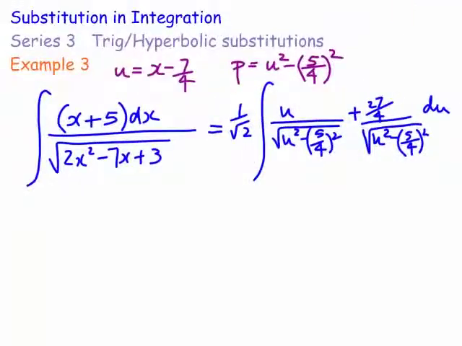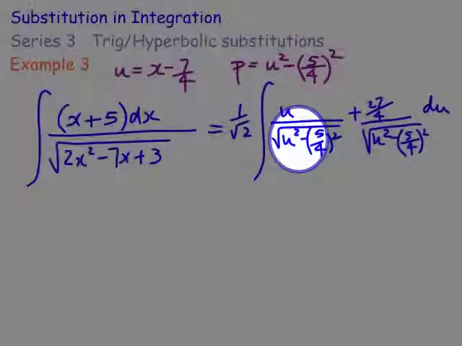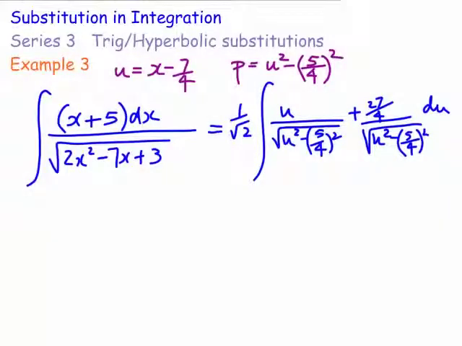Now we've got the second substitution for p equals (u squared minus 5 on 4) all squared. We eventually can simplify this integral with the 1 on root 2 as well. We should get 1 on root 2 p to the power of half from before, and now we have to go back and work out what this is.